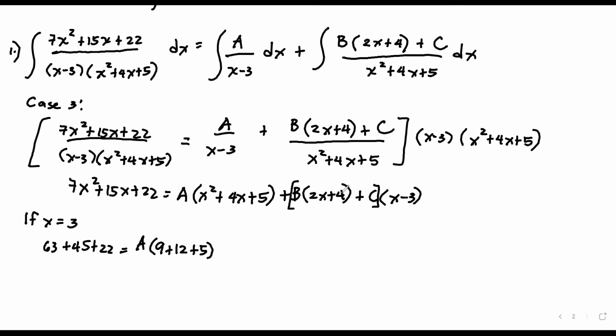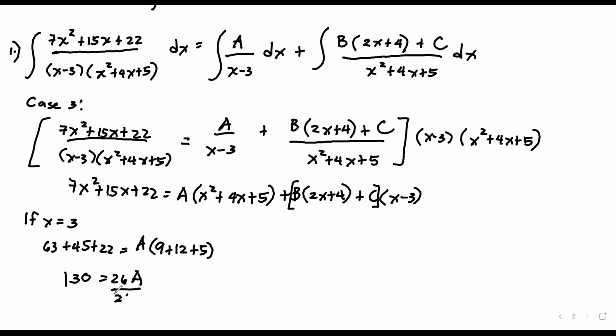And this is 0 because 0 times this is still 0. 63 plus 45 plus 22, 130. 130 equals 9 plus 12, 21 plus 5, 26a.